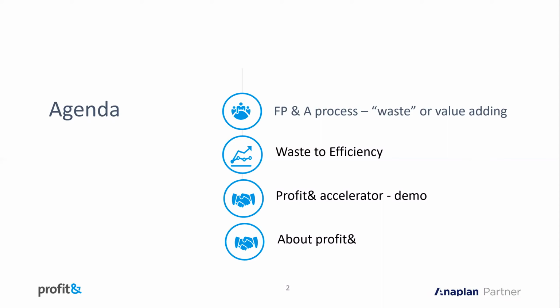We'll talk today about how to move these processes from wasting a lot of money to being pretty efficient. And then today we'll wrap up with a quick demonstration of an accelerator that we've built in Anaplan, which is our preferred enterprise performance management or FP&A tool. And then we'll give just a little bit about Profit and.